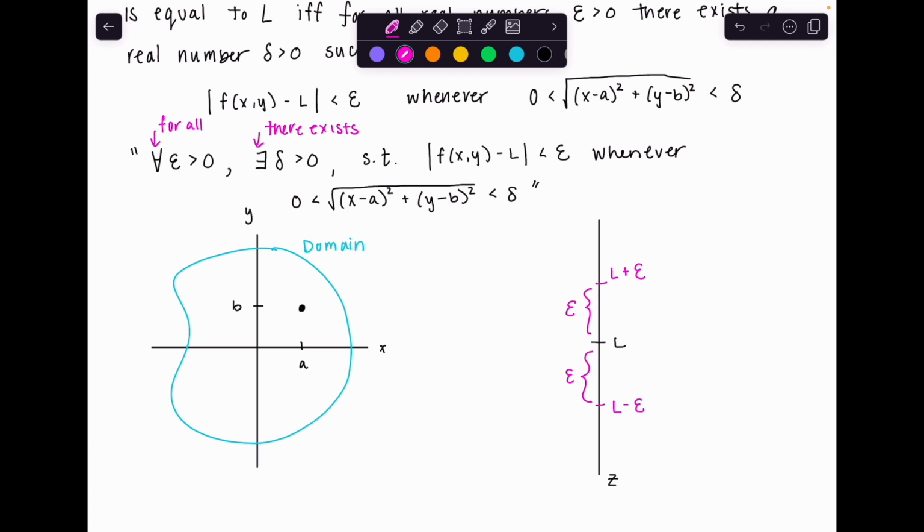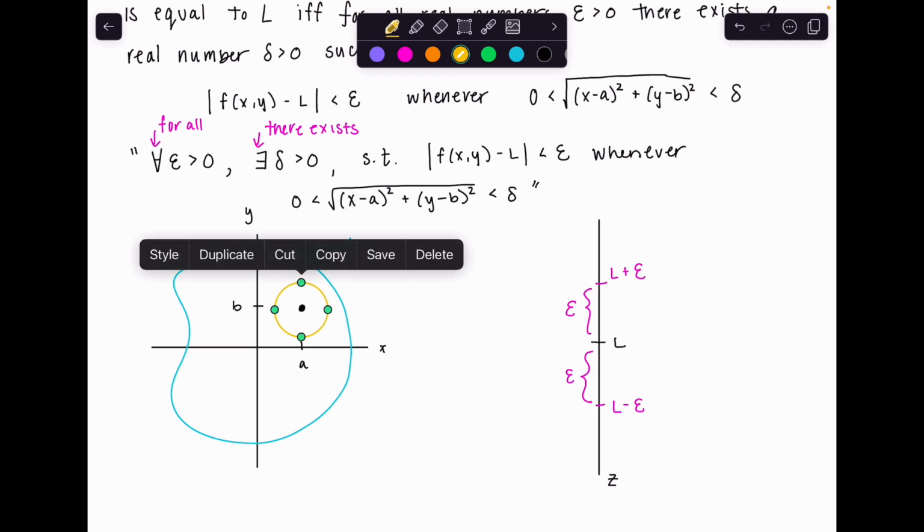So say my limiting value is 7. This epsilon could be 0.00001. So if I'm looking between these two values of my limit, I can always find what's called a delta ball around that initial point.